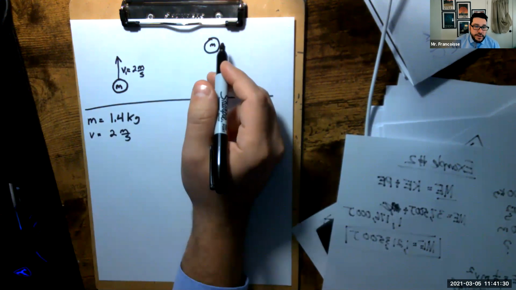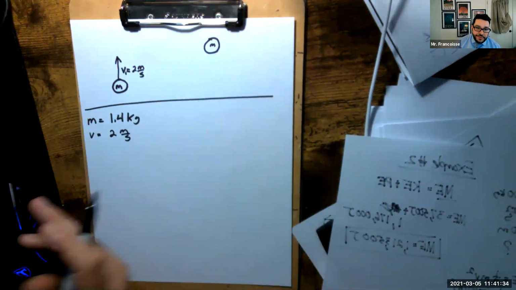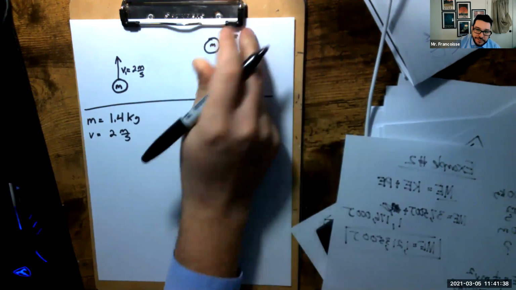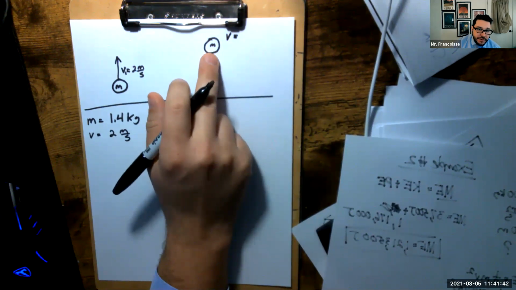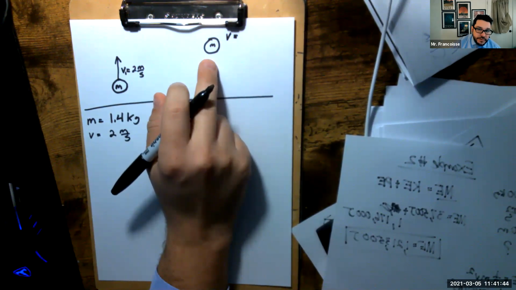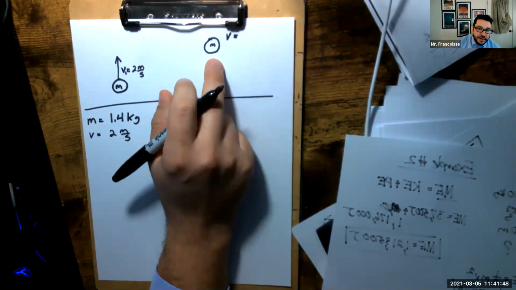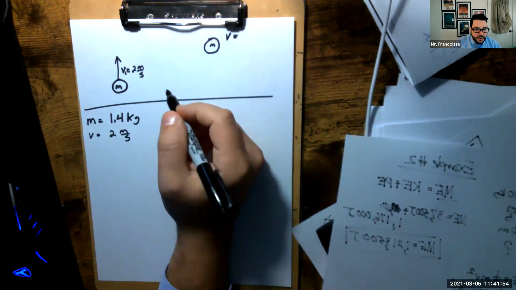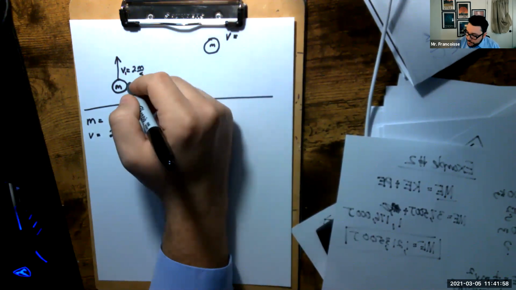So my question to you: if I throw a ball up in the air, when it reaches the top, what can we say about the velocity at the very top of this arc? At the highest point, we know that our object is traveling up, up, up.